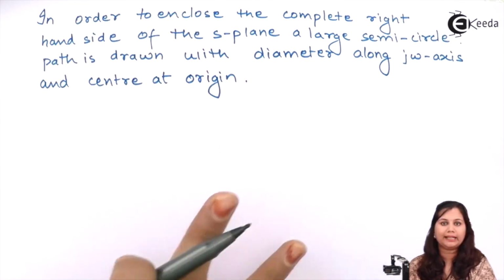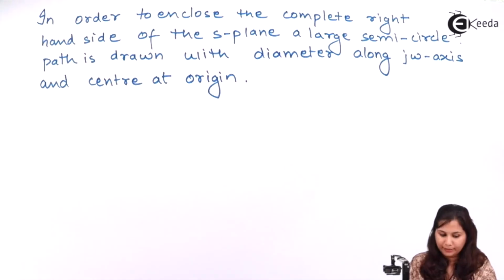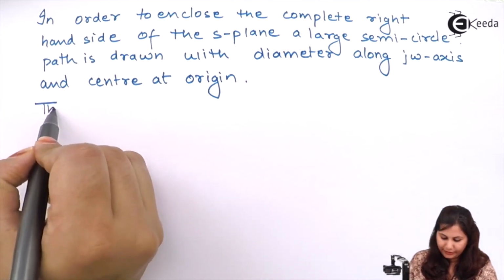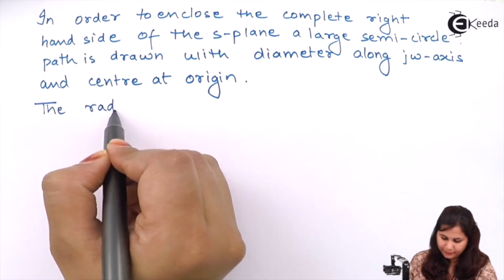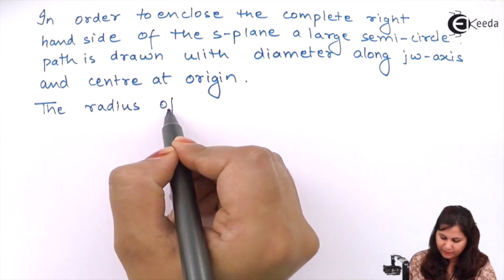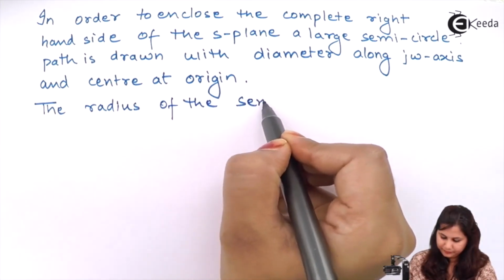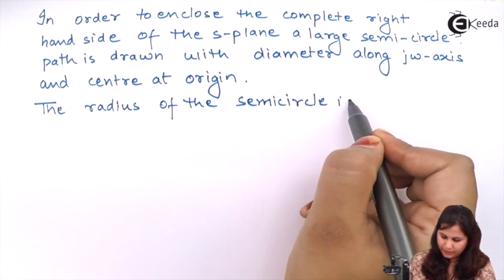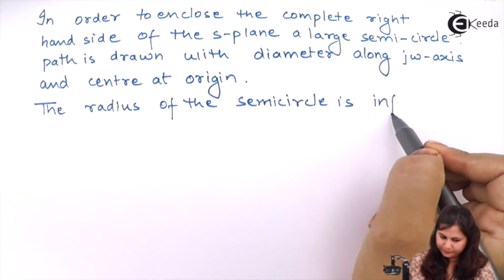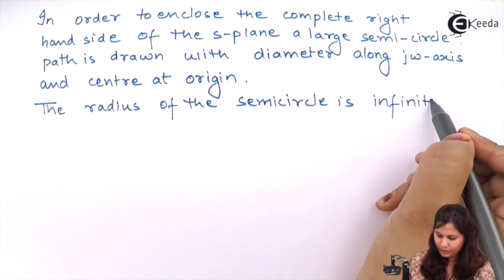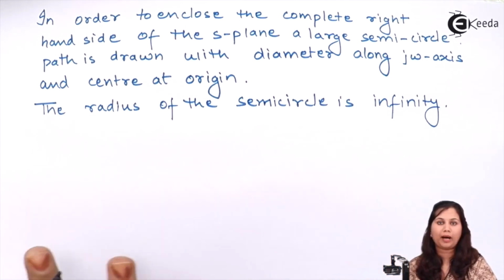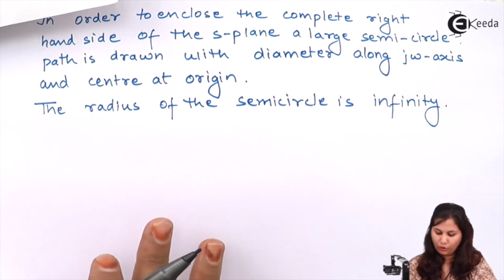So that complete right hand side is enclosed in that path, and the radius of the semicircle is infinity. So this is the Nyquist path, or we can say the Nyquist contour.